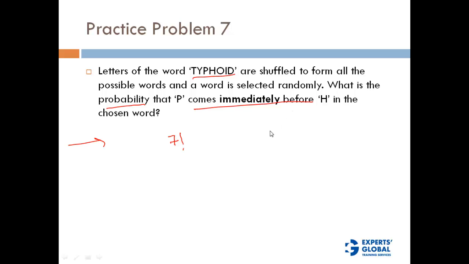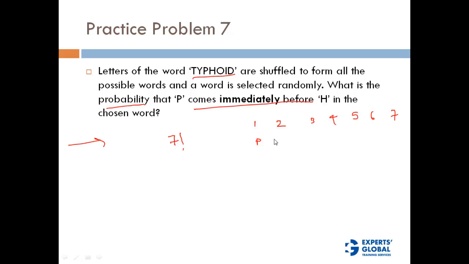Okay, how do we go about this? Now, P comes immediately before H. So let's say we have seven letters, 1, 2, 3, 4, 5, 6, 7.